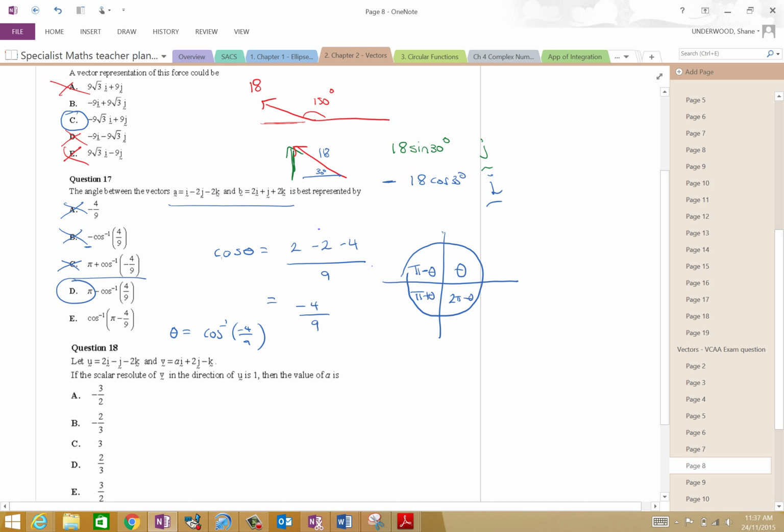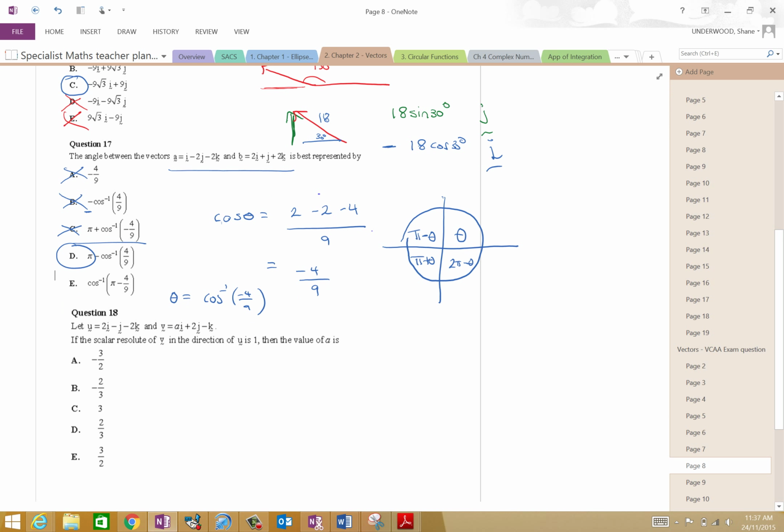Good work, Andy. Scalar resolute of v in the direction of u. Isn't that v dot u hat? Is that the scalar resolute? Yeah, so that is the scalar resolute. Remember that the vector resolute is equal to v dot u hat, u hat. Excellent. So v dot u hat, of v in the direction of u, is 1.